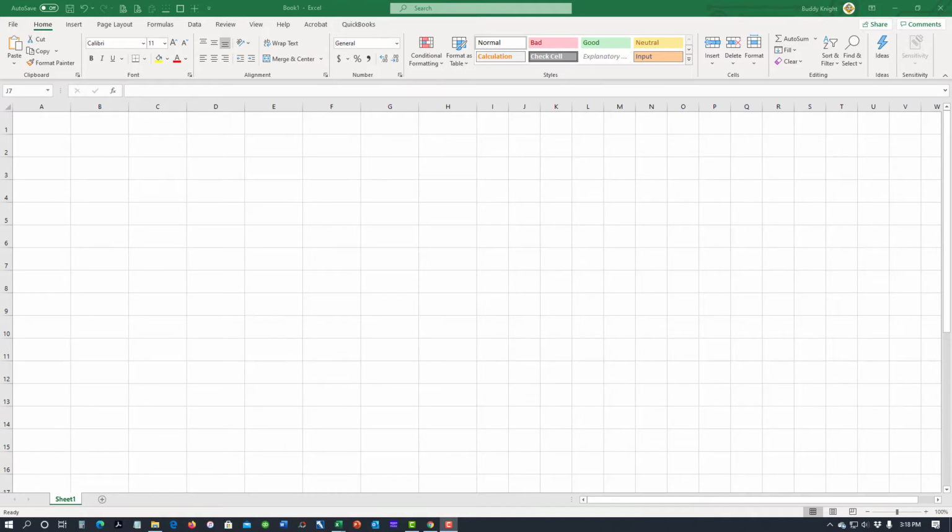I'm using Microsoft Excel, but you can use any spreadsheet software to construct this table. Let's start with the column headings. The first one is the payment number. And then the next column would be the amount of the payment.